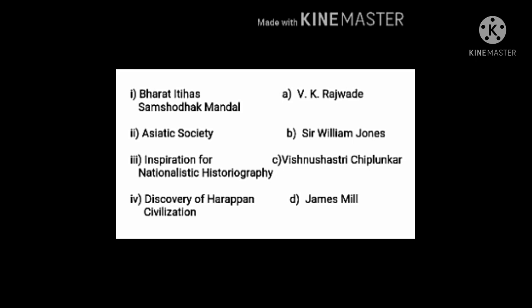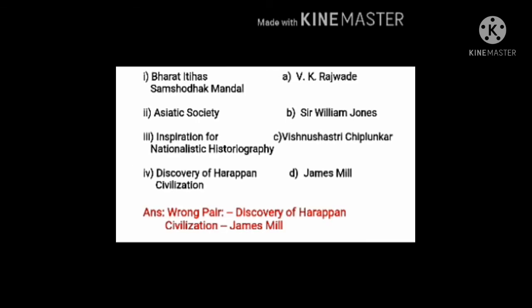So here the fourth one is wrong. The fourth one is the wrong pair. The Discovery of Harappan Civilization was done under the supervision of Sir John Marshall and not by James Mill. So write down the wrong pair, Discovery of Harappan Civilization, James Mill.